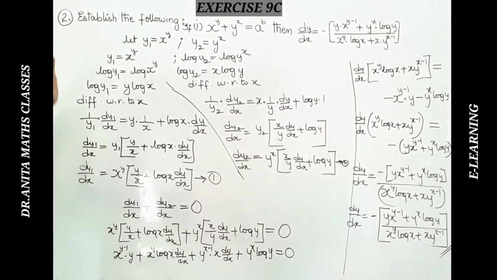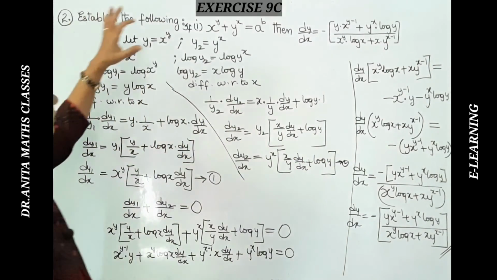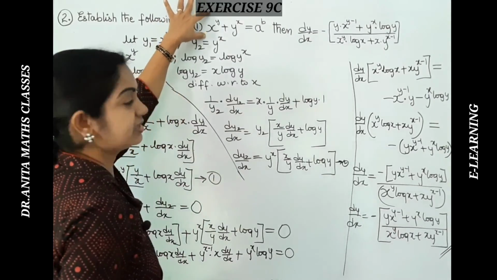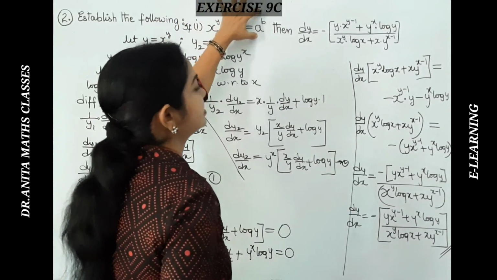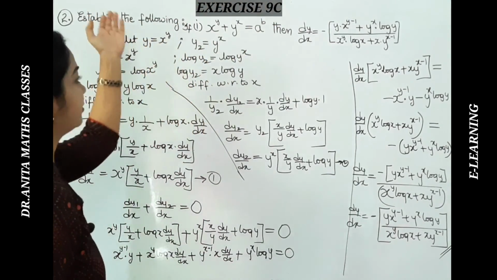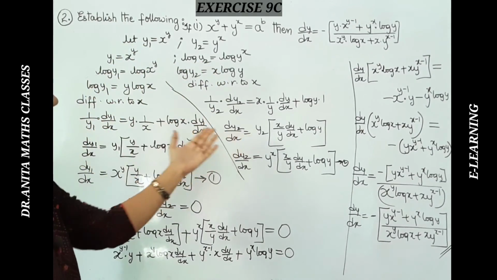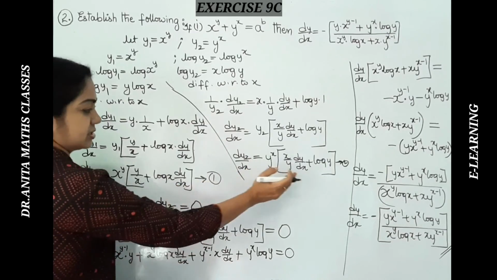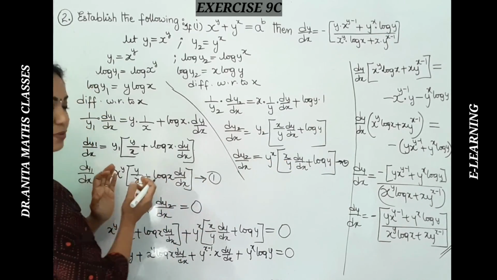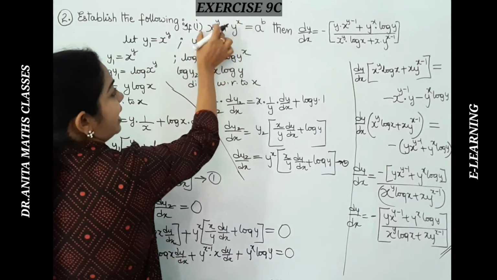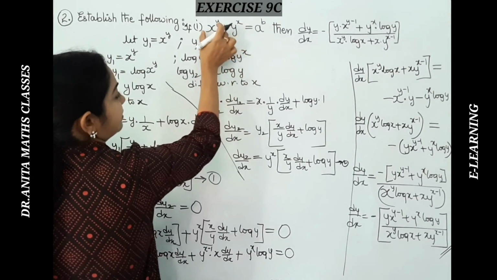So what we did, let me sum up here. So I've taken the first one as y1, the second one as y2, and this is a constant, right? Now here, taking that and applying log both sides and differentiating with respect to x, we get two equations. Now I am clubbing those two equations because we should add these two functions. These two functions are y1 and y2.